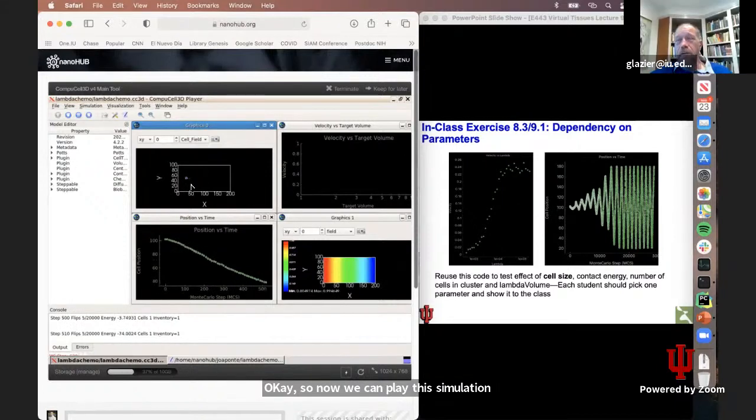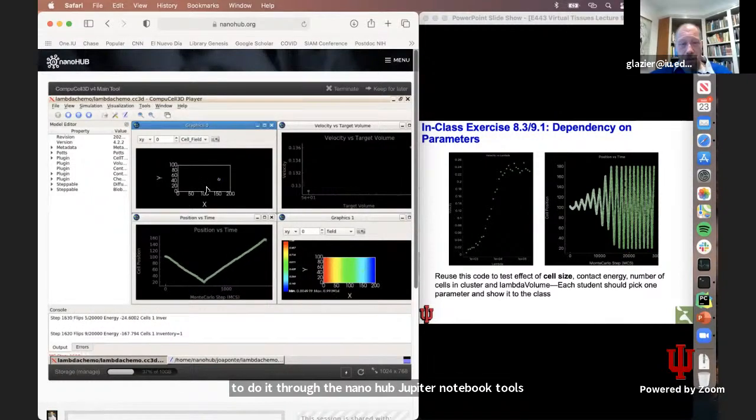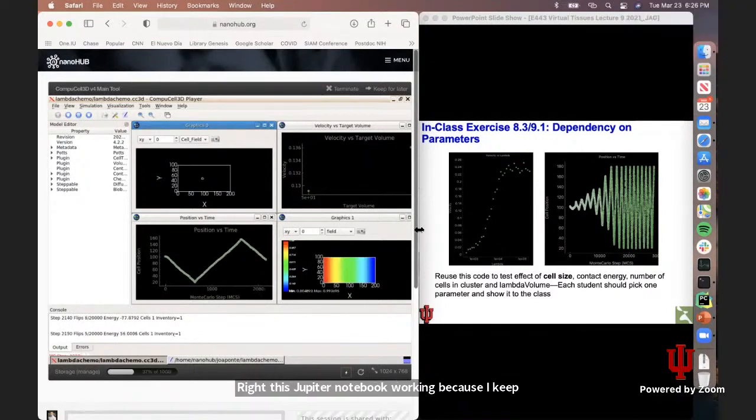Is everybody able to do the upload of that file? Because I'm actually having some trouble getting it. I'm trying to do it through the NanoHub Jupyter Notebook tool so then I can open it in Compucell. Is Jupyter Notebook working? Because I keep getting a 404. It's working for me.